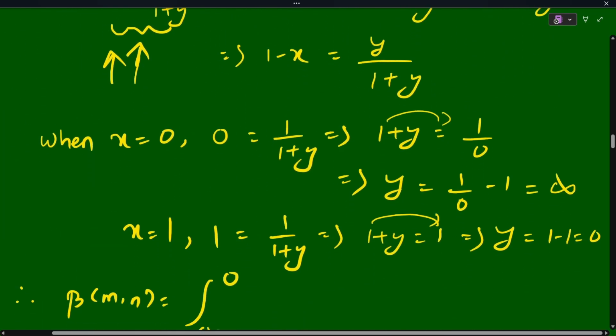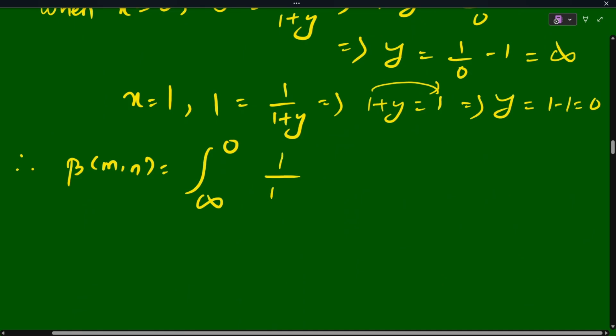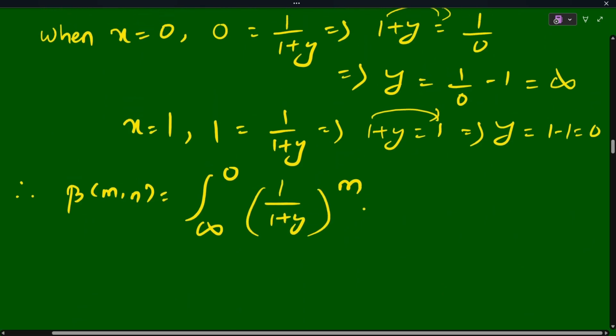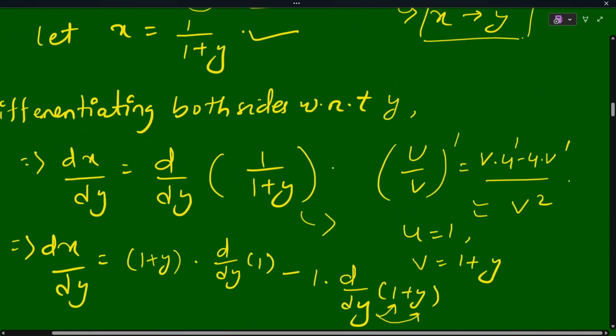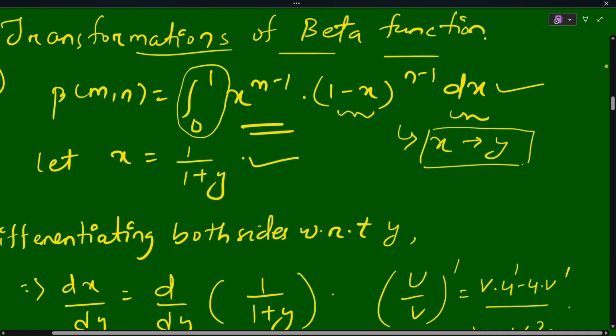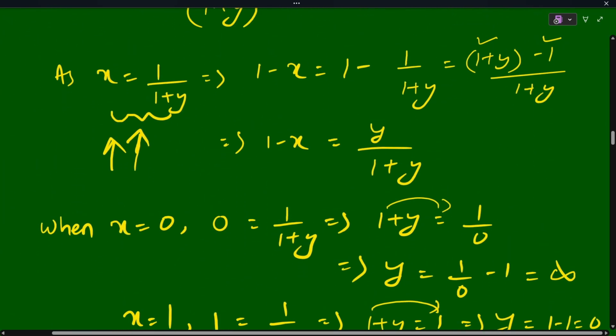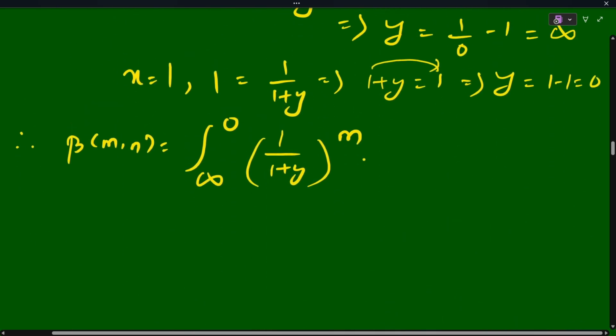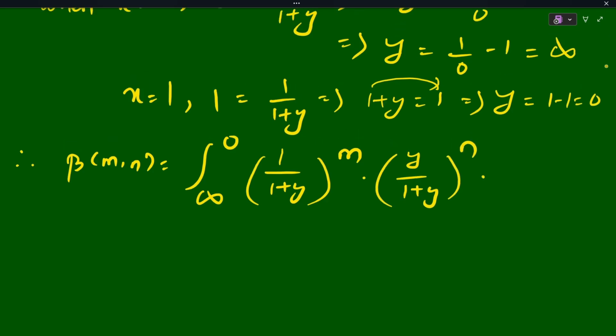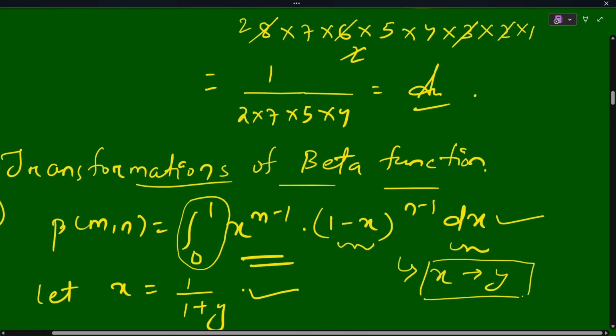So this one is 1 by 1 plus y to the power m, into the next term. What is the next term here? Next term is 1 minus x. We have already found out this one. So what is 1 minus x? 1 minus x is y by 1 plus y. So it is y by 1 plus y to the power n, into dx, right?